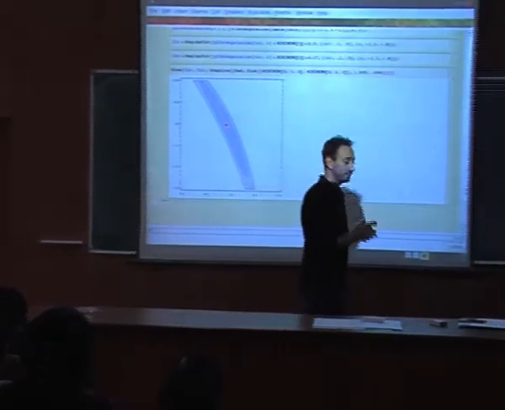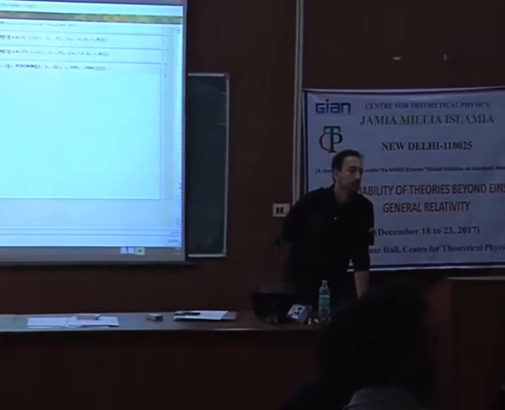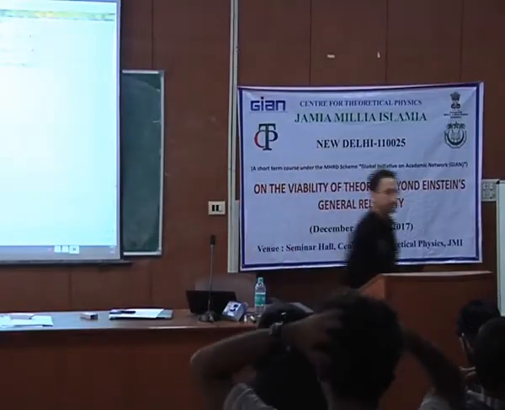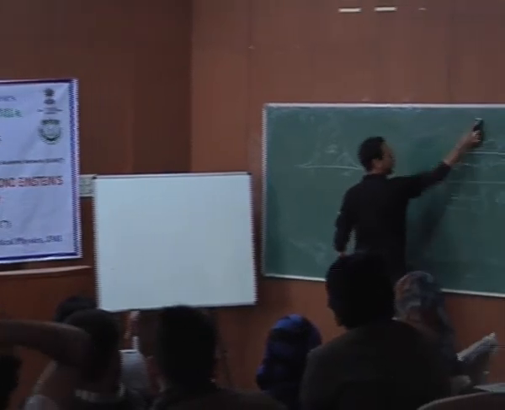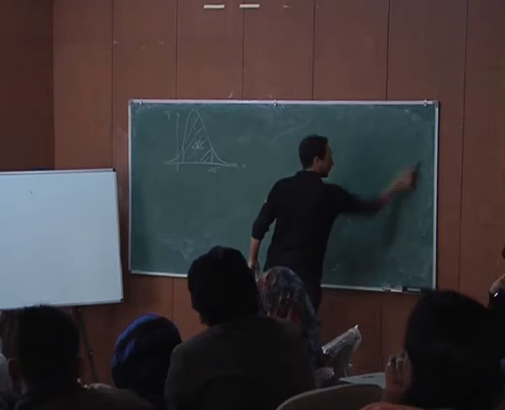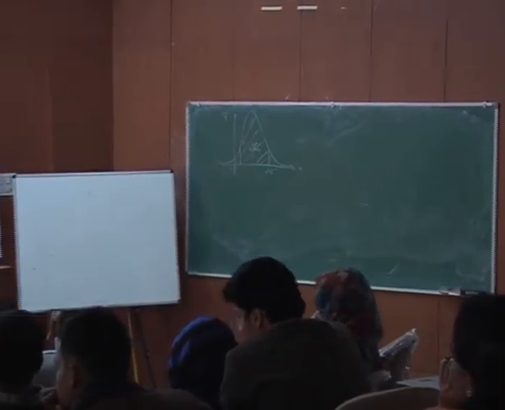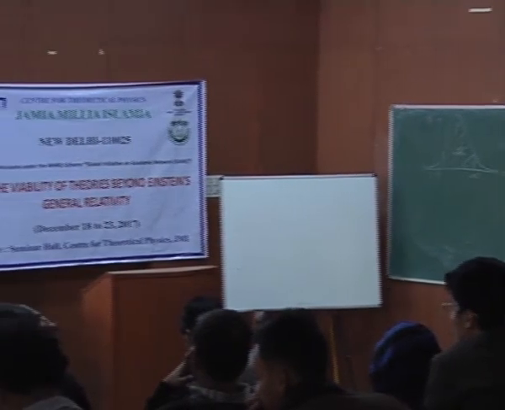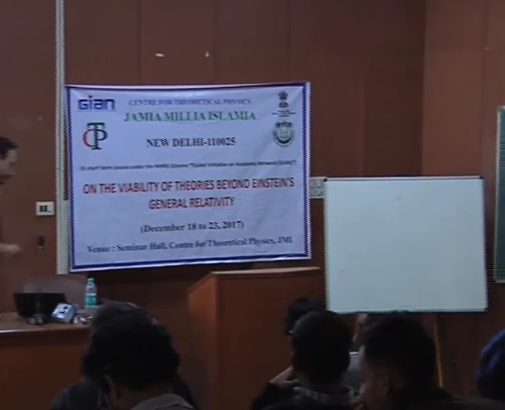Could you explain again how to compute mu theory as a function of omega m? Yes. Maybe I should not erase that. Okay, so the thing is the following.